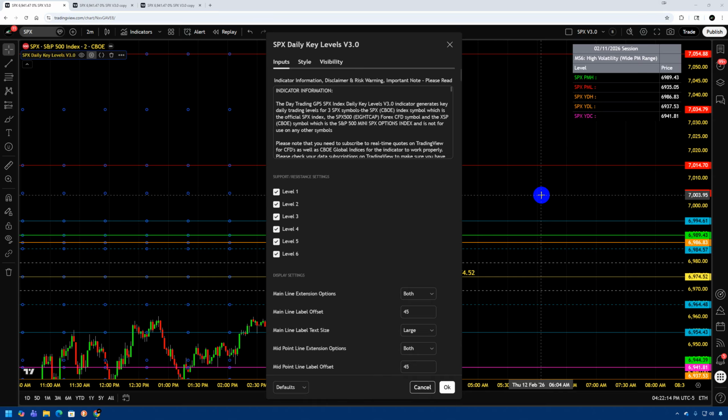Okay, one thing I do want to point out with the V3.0 indicator that is different from the V2.0 that you need to know about is that the V2.0 had 10 levels above, R1 through R10, and 10 levels below, S1 through S10. The V3.0 indicator has 6 levels above, R1 through R6, and 6 levels below, S1 through S6.